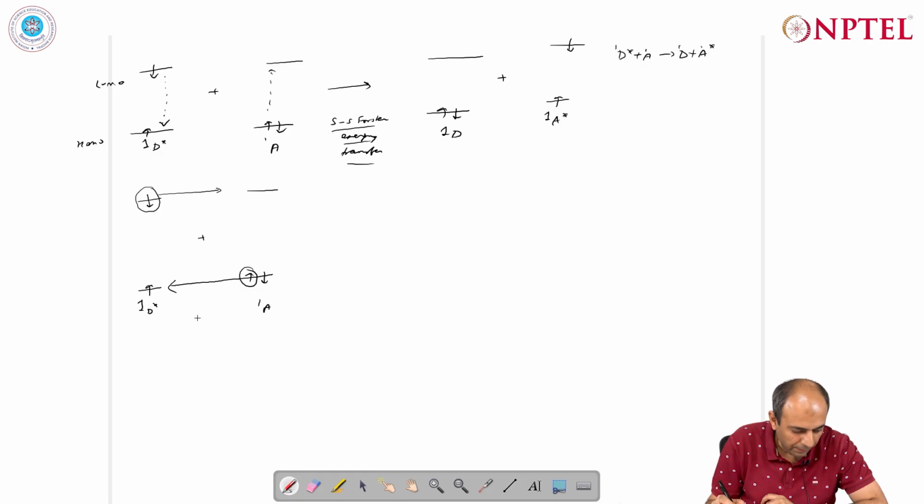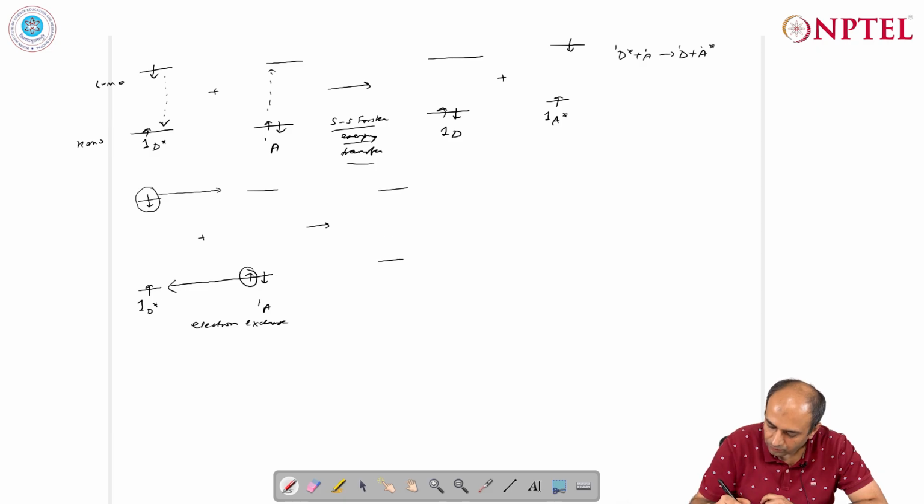So there is an electron exchange, and this exchange process gives rise to the ground state of the donor plus the excited acceptor. We have to put a slight correction here.